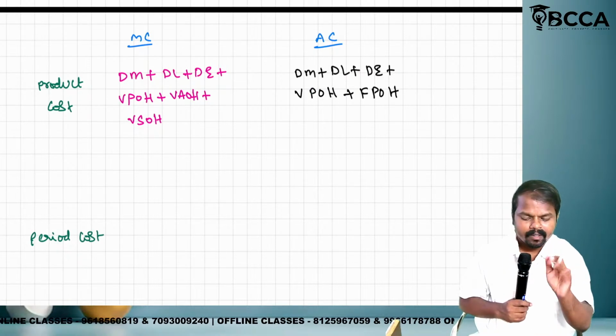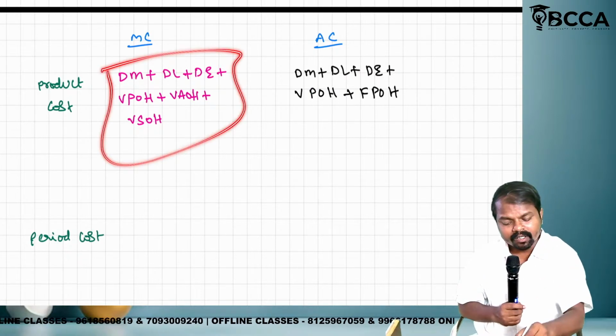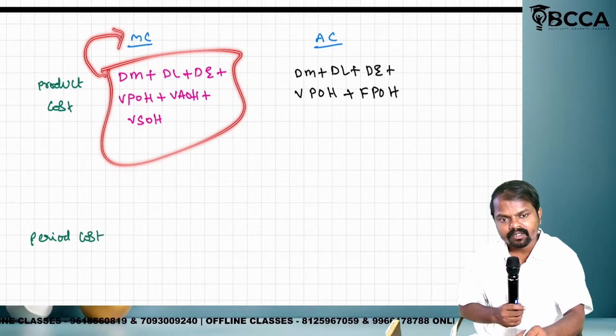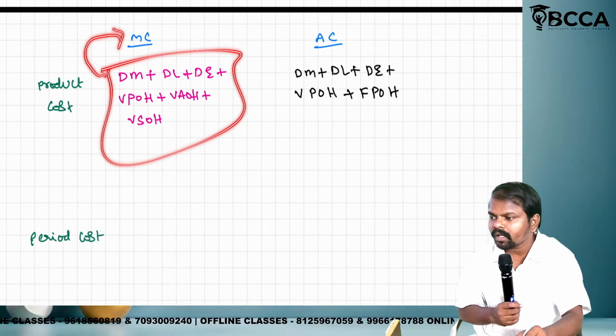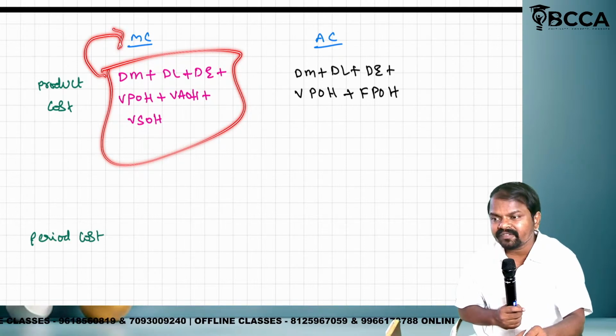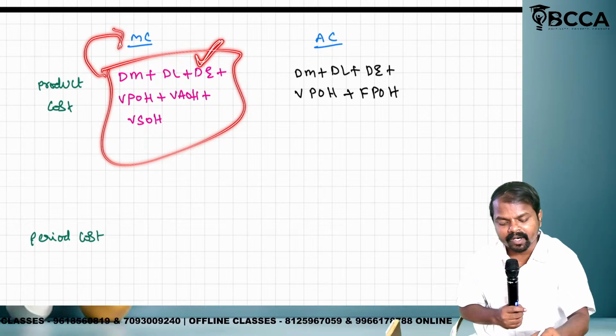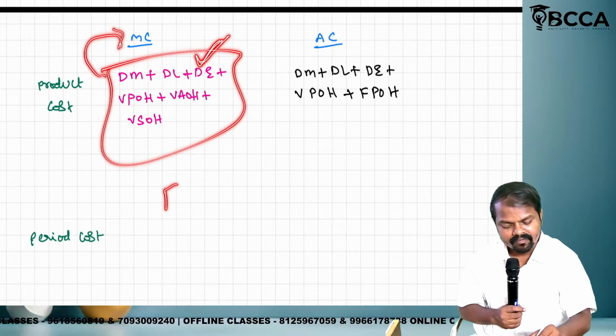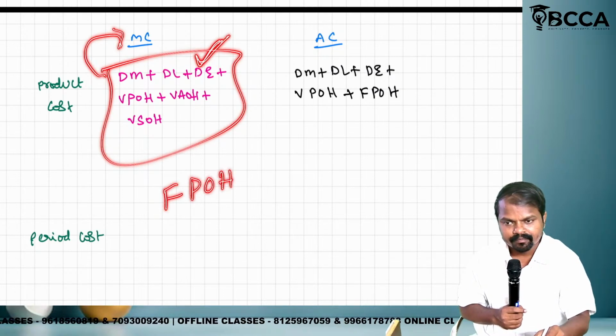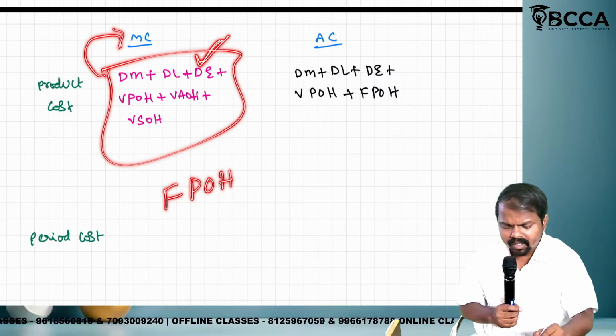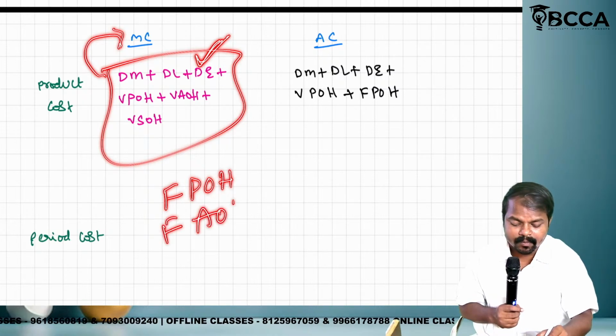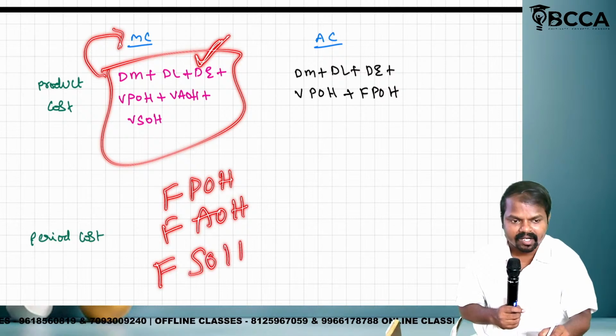See, you know product cost as per marginal costing? What you left is not covered under the product cost definition. Fixed production overhead, covered? Fixed portion of AOH, covered? Fixed portion of SOH, covered?